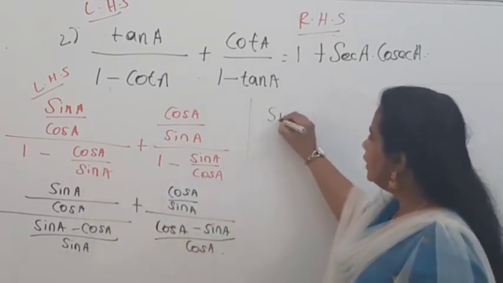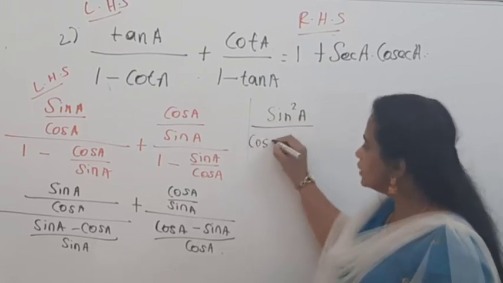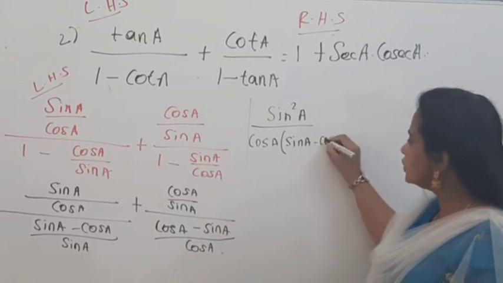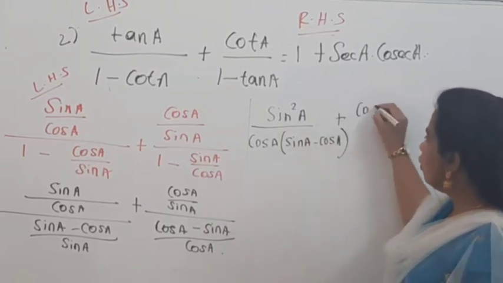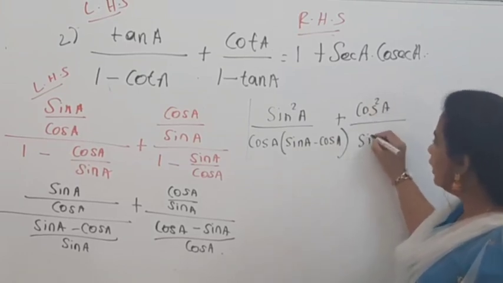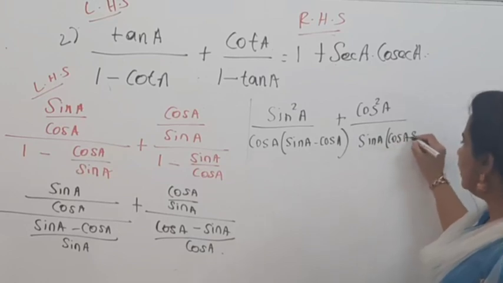So that becomes sine square A divided by cos A into sine A minus cos A, plus cos square A divided by sine A into cos A minus sine A.